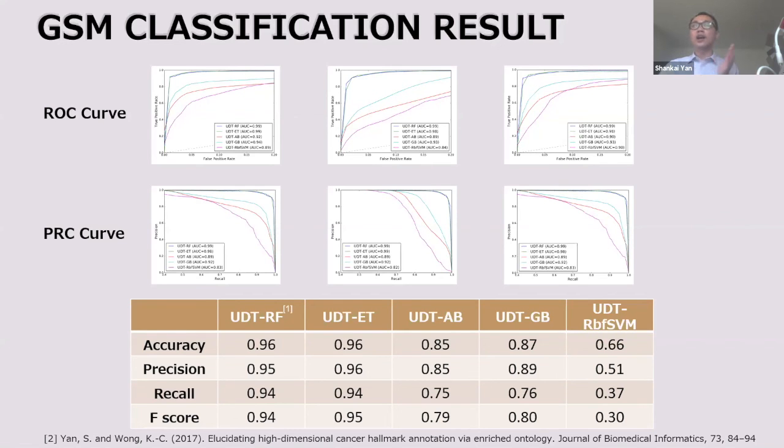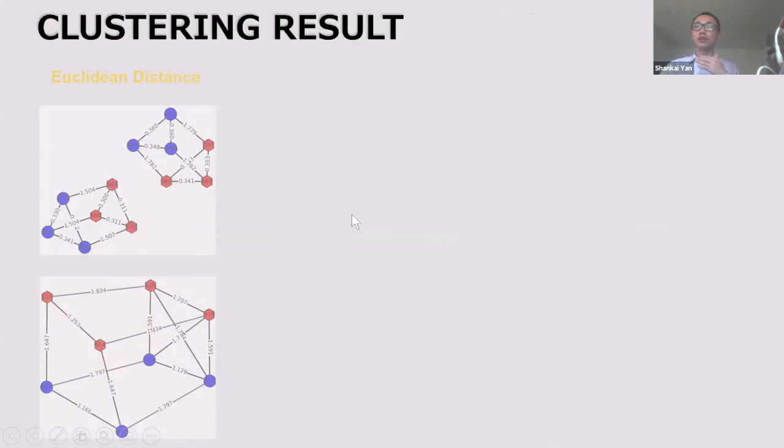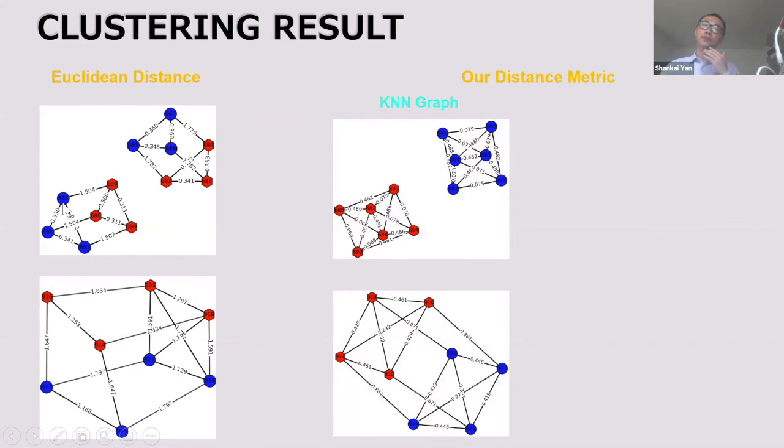So once we have evaluated these classification methods, we applied them on the whole GEO repository, then we get the classification results. After that, we can do the downstream analysis. And this is the clustering result. The blue nodes represent the negative samples.